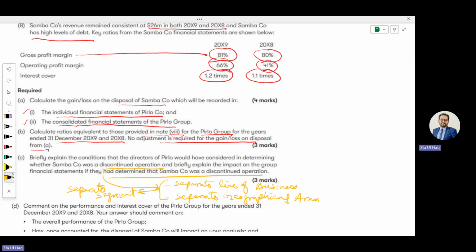And if you are discontinuing a significant part of operations, you need to provide a separate disclosure in the current financial statements, as well as disclose its income, expenses, and profits separately. So these things we need to write down for 3 marks here.